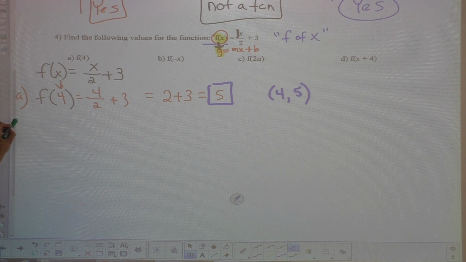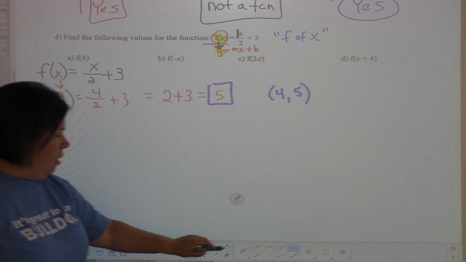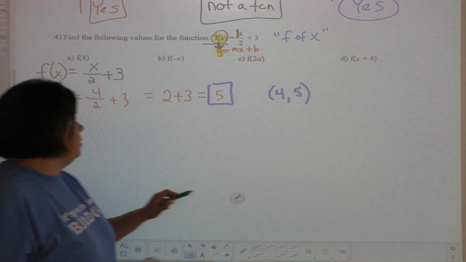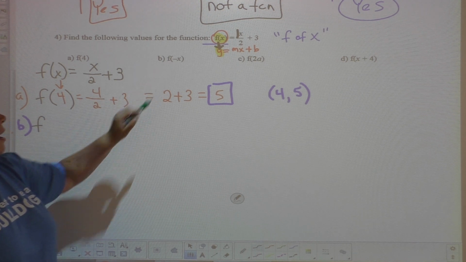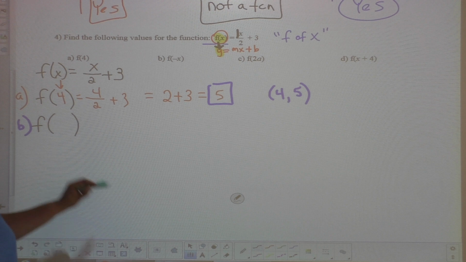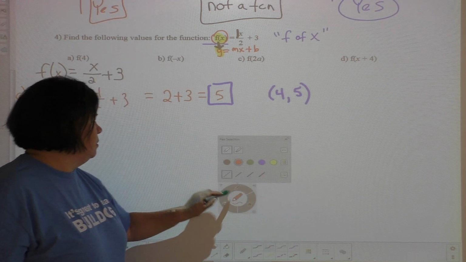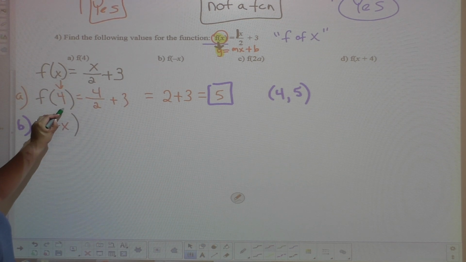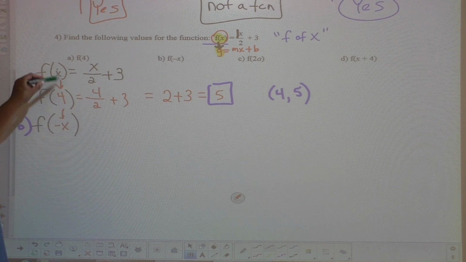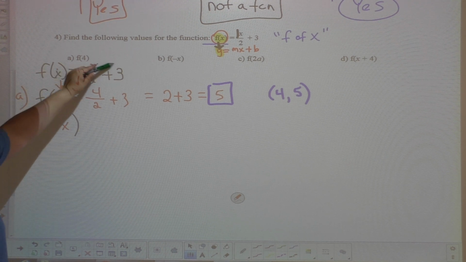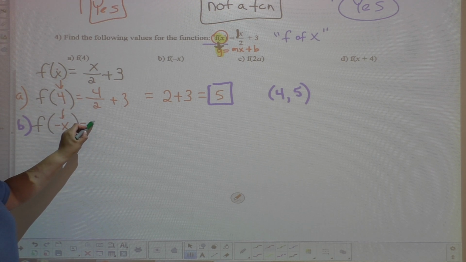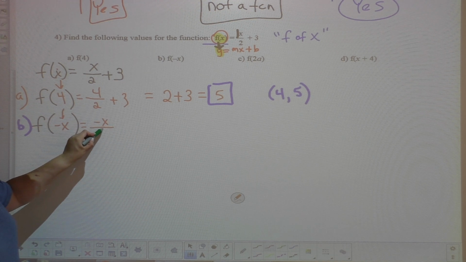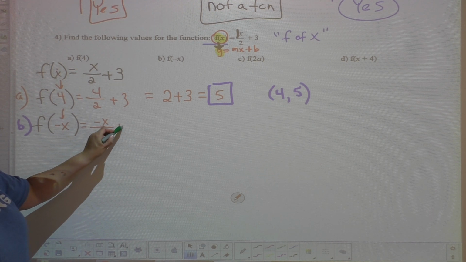All right, part B. Again, all we're going to do is we're going to substitute in f of negative x. So again, all we're doing is substituting in negative x in place of x wherever there's an x. So we get the opposite of x over 2, divided by 2 plus 3.